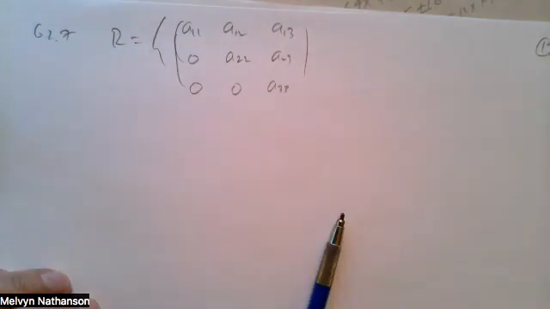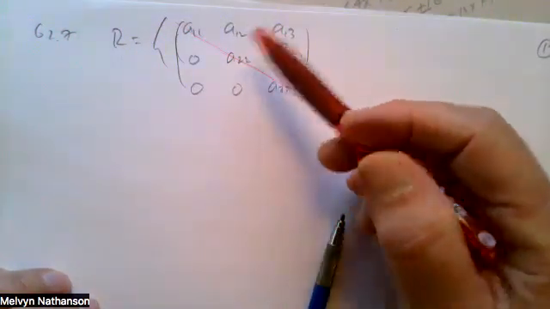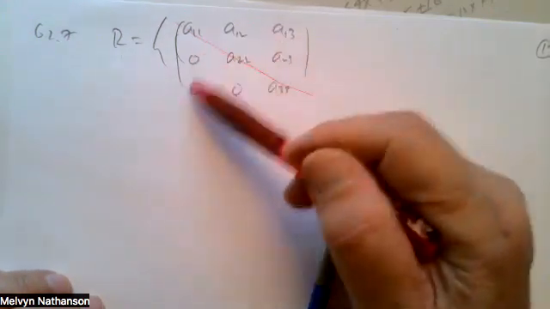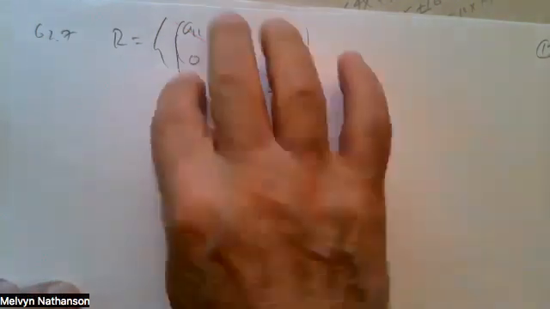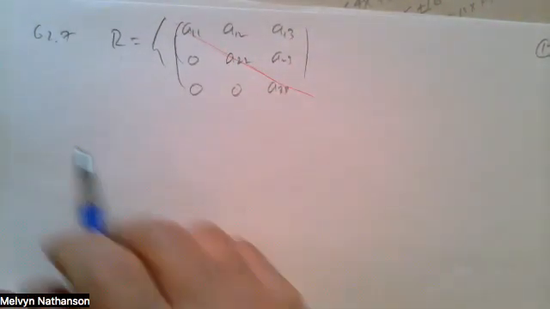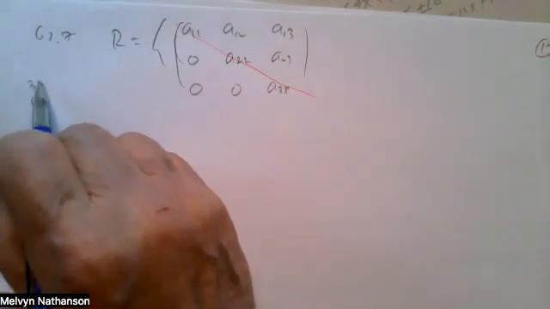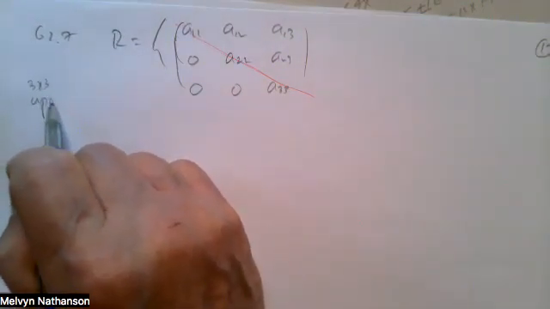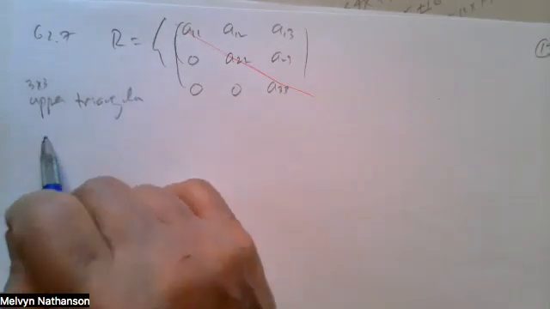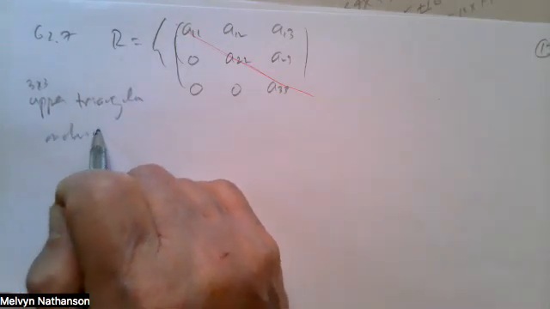So this is the diagonal, and the non-zero elements are everything on or above the diagonal. Everything below the diagonal, those three coordinates are 0. So these are called 3 by 3 upper triangular matrices.